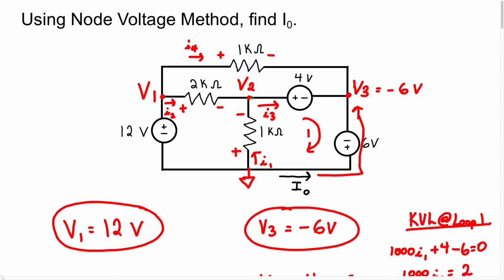But we had to use KCL and Ohm's law a lot in this particular problem. That's why I always say we have to be comfortable with the tools we already have in our tool bag, because they're always going to come back and we always need to pull them out and know what we're going to do when it's time to solve these problems. I remember when I first started to solve these problems, I would get so confused.